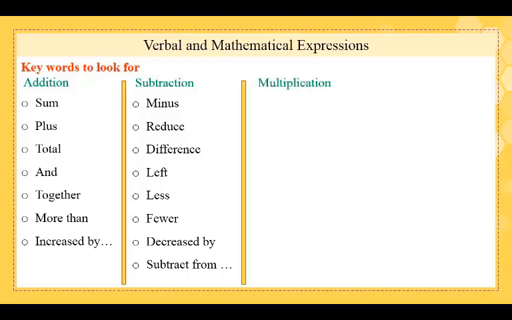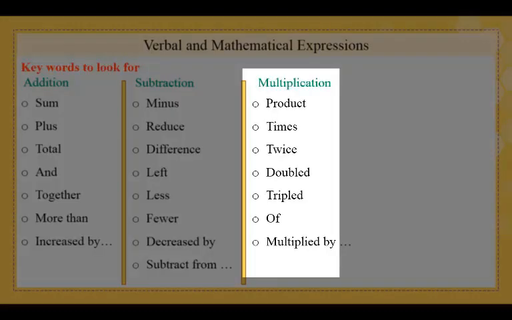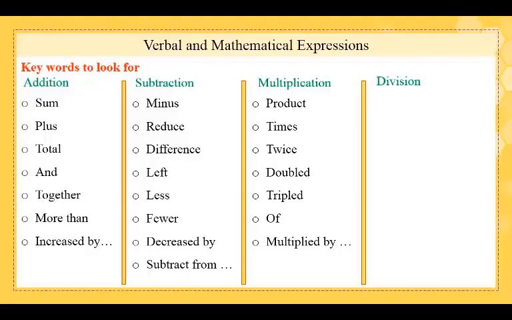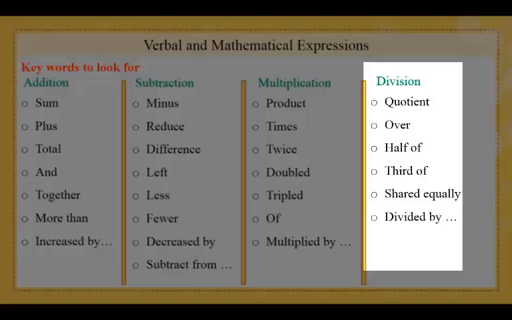In multiplication cases, we use product, times, twice, doubled, tripled, of, multiplied by. In division cases, we use quotient, over, half of, third of, shared equally, divided by.